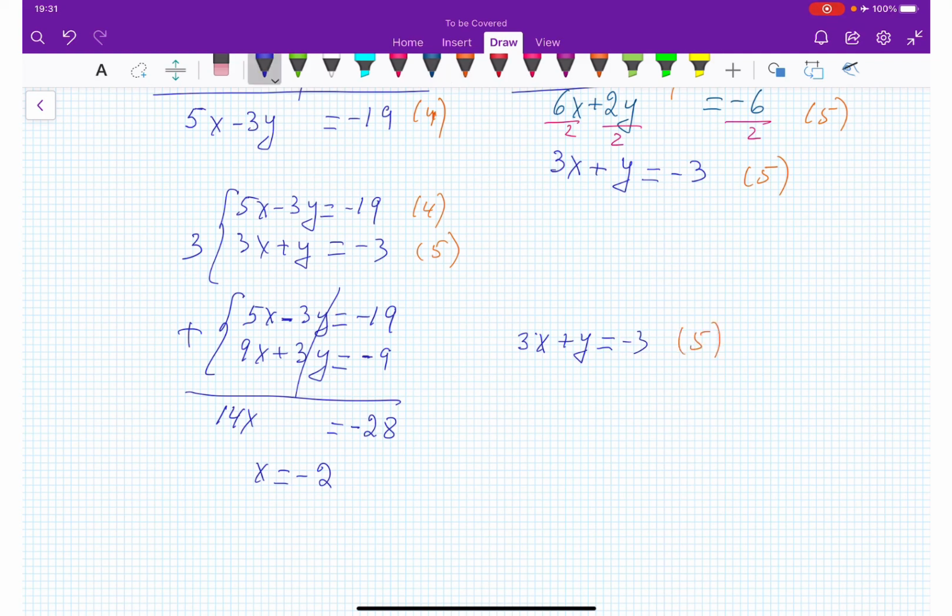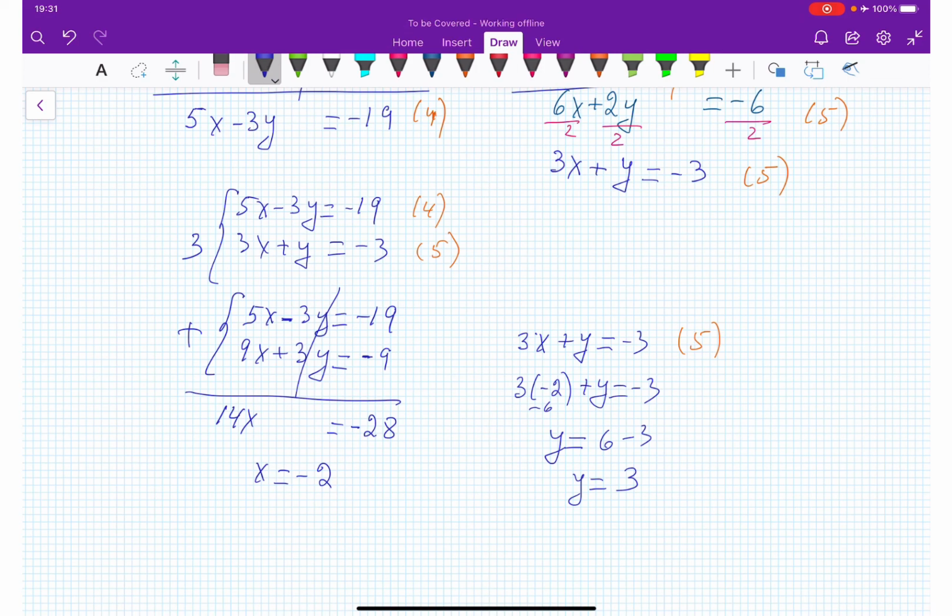And this is equal 3 times negative 2 plus y equal negative 3, and y is equal, since this is negative 6, moving over will be positive 6 minus 3, y is equal 3.